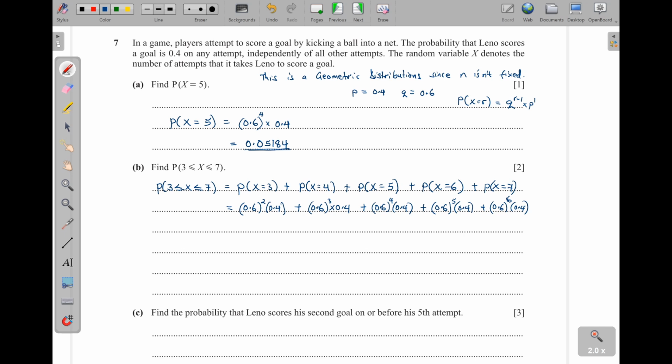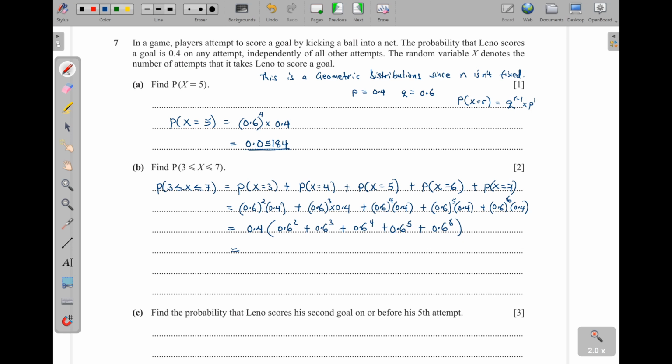And then we can put all of that in the calculator. However, I can put 0.4, which is common everywhere. Then 0.6 squared, 0.6 cubed, 0.6 power 4, 0.6 power 5, and then 0.6 power 6.